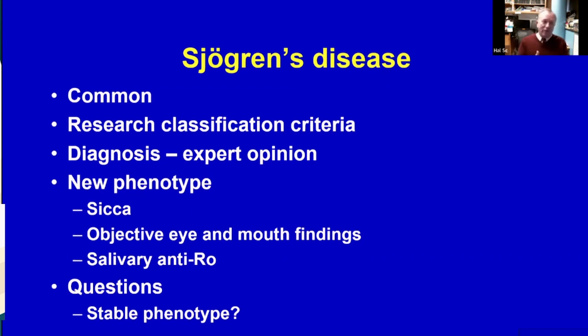If salivary anti-Ro counted in the classification criteria, for research purposes we would have classified another 29 individuals, almost 30% of our non-Sjogren's Sicca patients who did not meet the research classification criteria. So we think this is a new phenotype of this common disease, and salivary antibodies may need to be included in our clinical evaluation of these patients in the future.